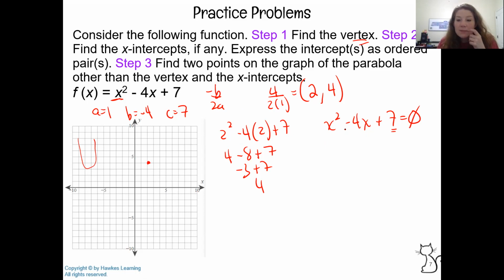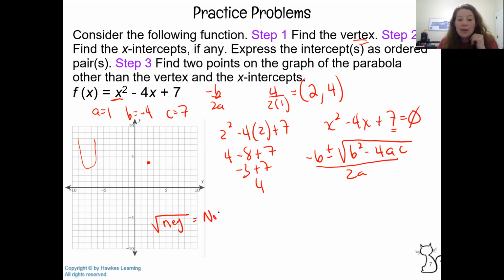So since we can't do this by hand, we're going to use the quadratic equation, the opposite of b, plus and minus the square root of b squared minus 4ac all over 2a. So what happens is if you get a negative number under that radical, that means there are no x-intercepts. So I bet that's what we get.